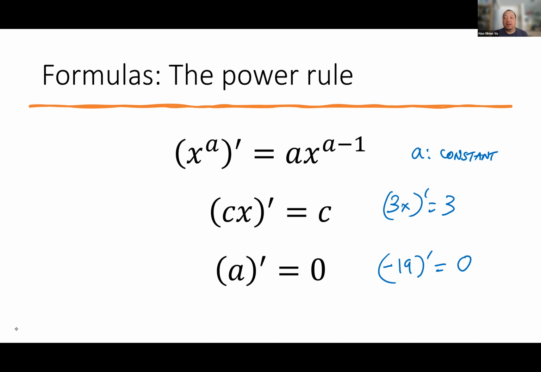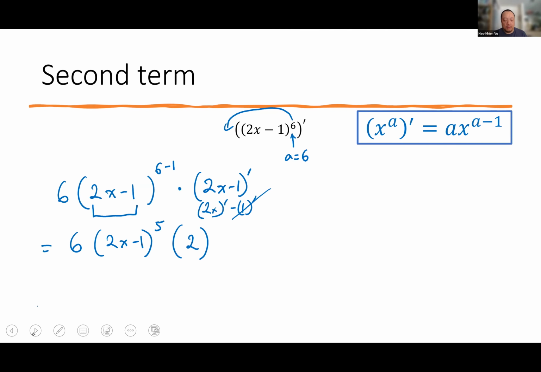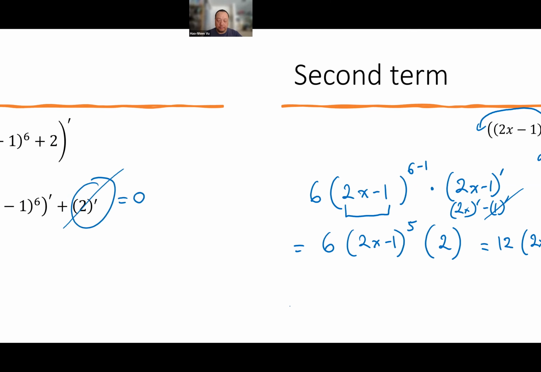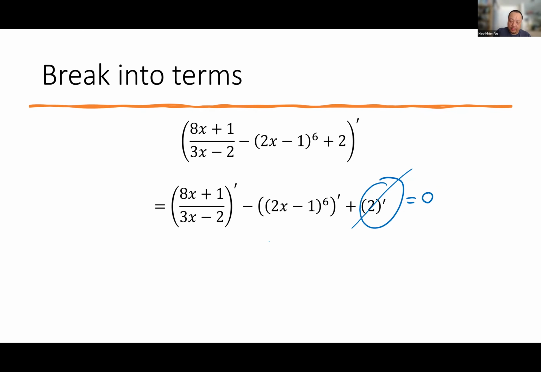The derivative of a constant times x is just that constant, and the derivative of a constant is just 0. Back at this slide. This is equal to 12 times (2x minus 1) to the 5th. All right, so I'm done with the second term. I put it here. It's 12 times (2x minus 1) to the 5th plus 0, and there's a minus sign here. Now I move on to the first term.